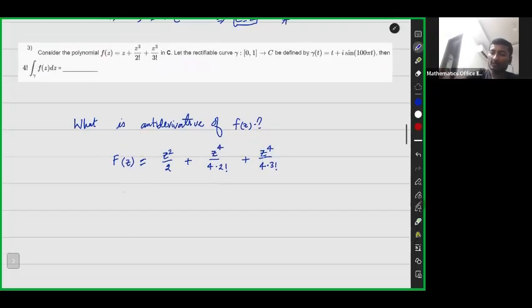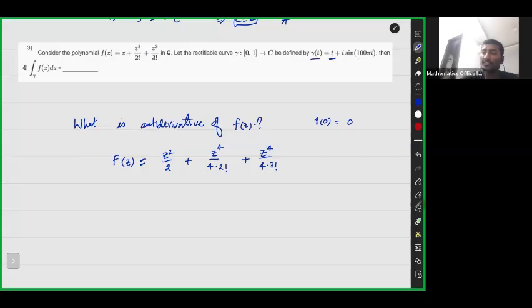Now we want to calculate the initial point of gamma and the terminal point of gamma. The initial point is given by gamma of 0. You put t equal to 0 here, so this becomes 0, and sine 0 becomes 0. So this is 0. We can draw the graph, but why draw it?